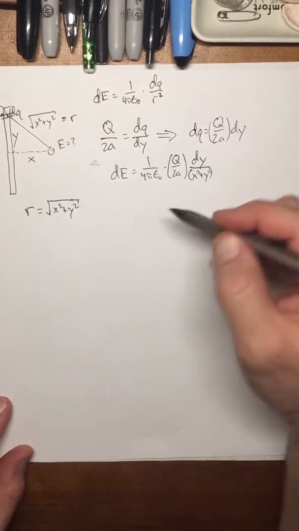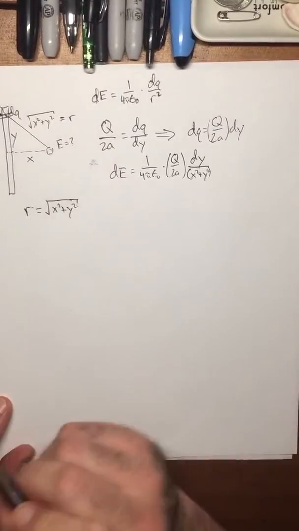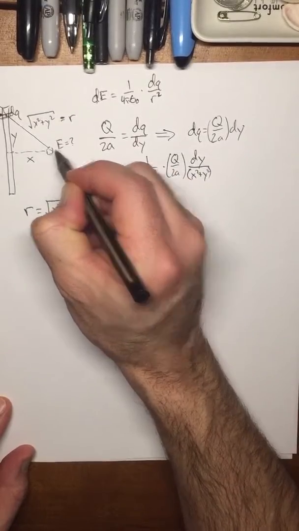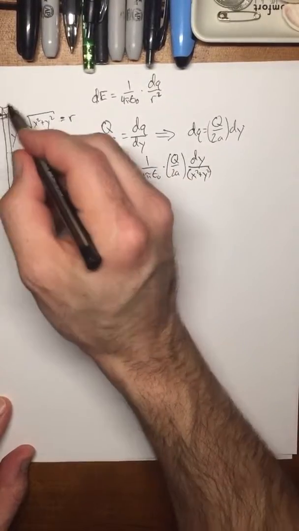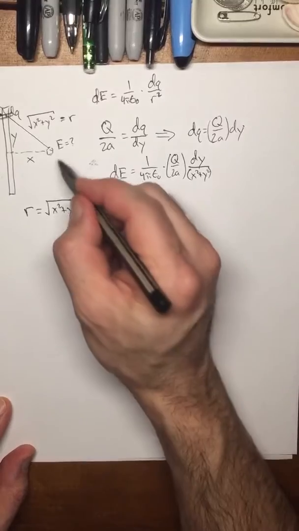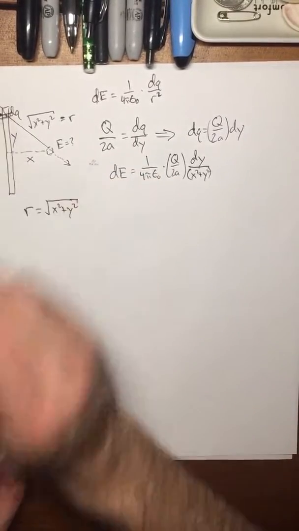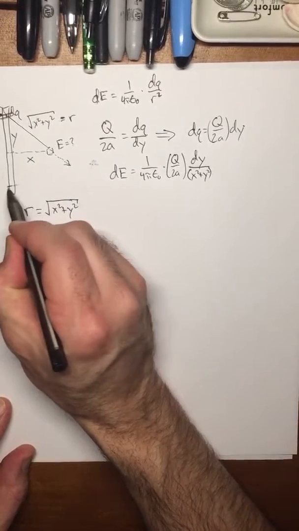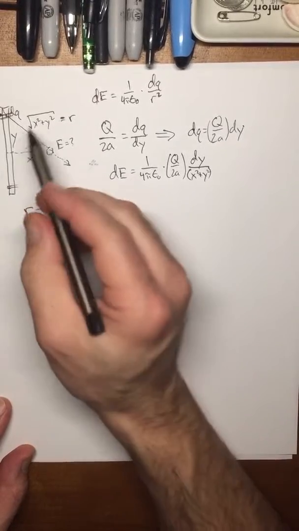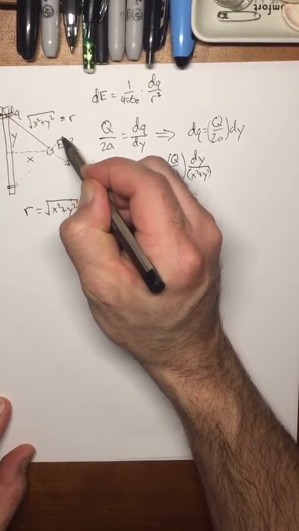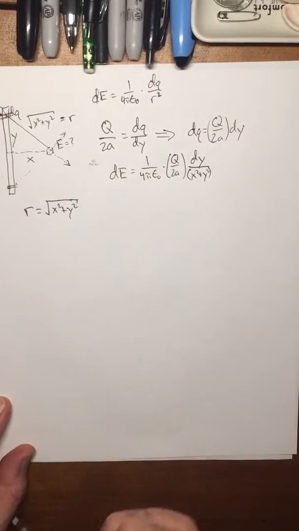Now that's the magnitude of E, but what we'll find is that if this is a positively charged rod, then there will be an electric field going out this way due to that little piece dq. There's also a little piece dq over here, which we're going to finally add up in the end, which would have an electric field in that direction.